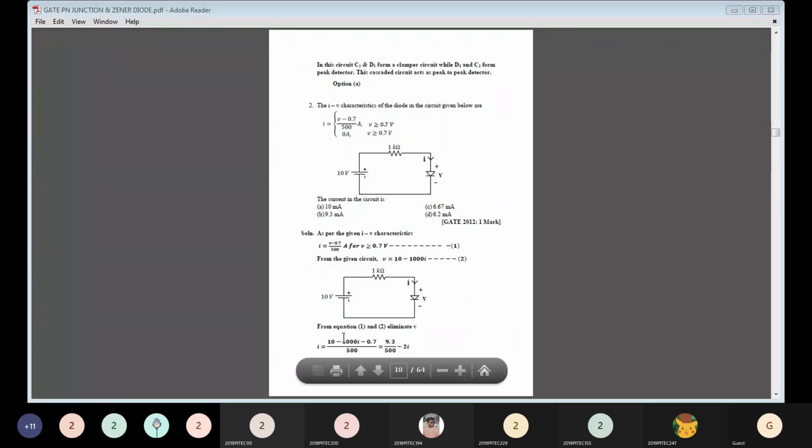So I is equal to (10 minus 1000 I minus 0.7) divided by 500, which is equal to 9.3 by 500 minus 2I.